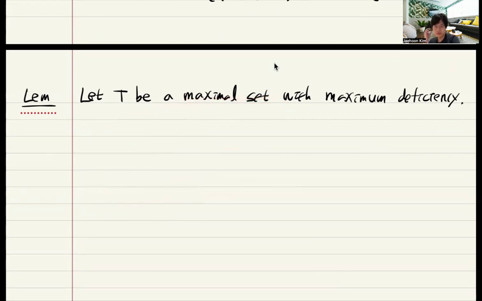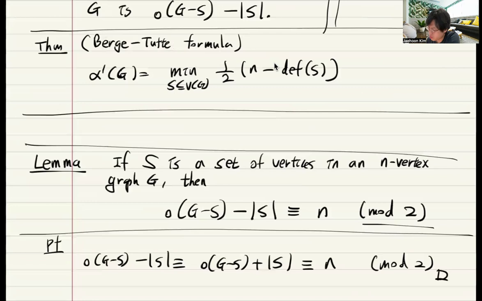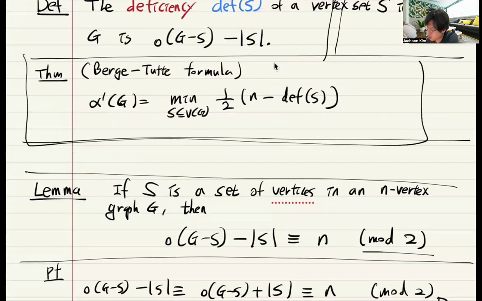And we want to study the property of this. Because later we will prove this Berge-Tutte formula using an inductive argument. Just like we did for the whole theorem, what did we do?